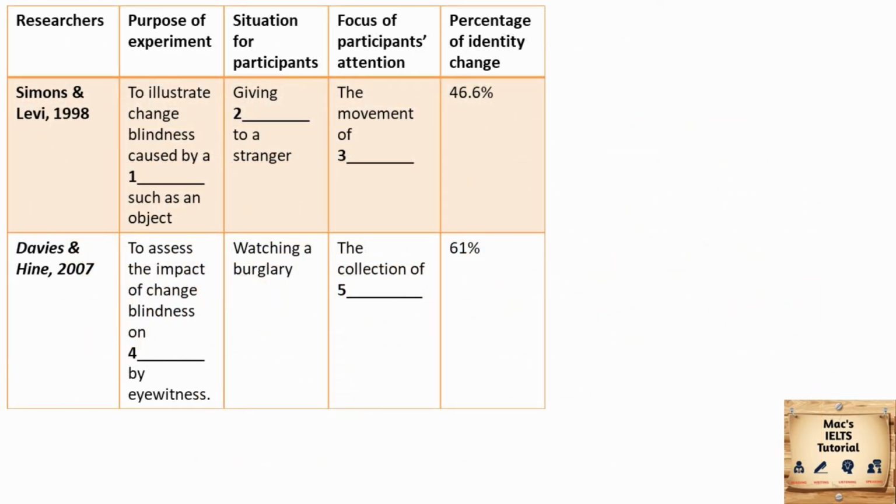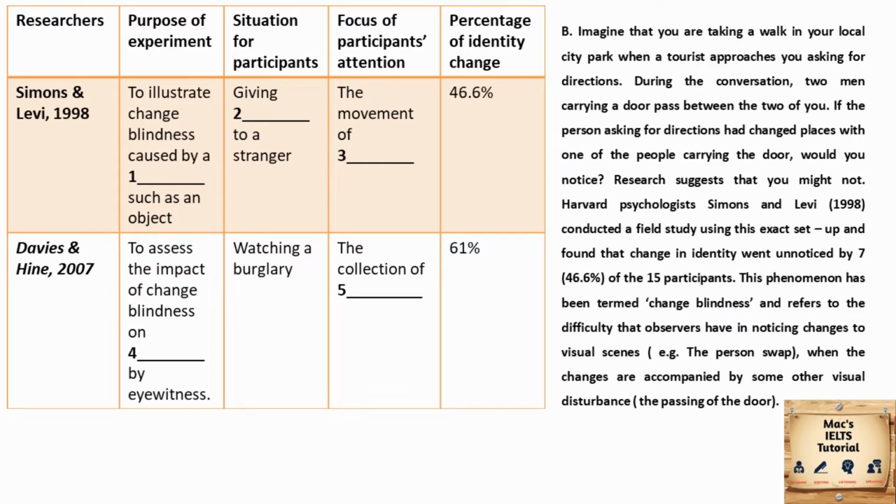Coming down to the table, the first answer which we have to figure out is the purpose of the experiment performed by Simons and Levin. It is passage B that gives us the details about Simons and Levin's experiment. The question states: to illustrate change blindness caused by a dash, such as an object.